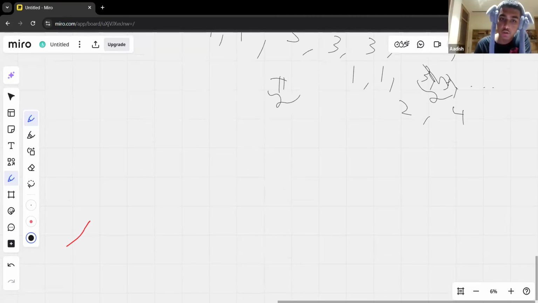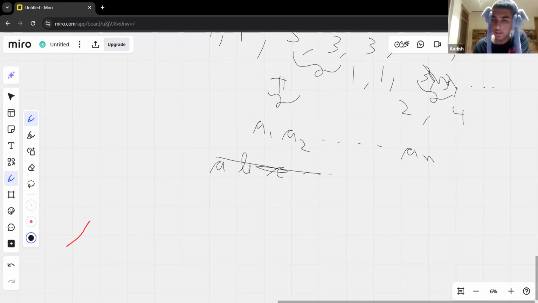Now look at the product. So you have a product of a bunch of numbers, A1, A2, all the way to AN, right? In the middle, we have two numbers that are equal, because our process only works when we have two equal numbers. Suppose we have X and X in the middle. We replace it by X plus 1 and X minus 1, right?